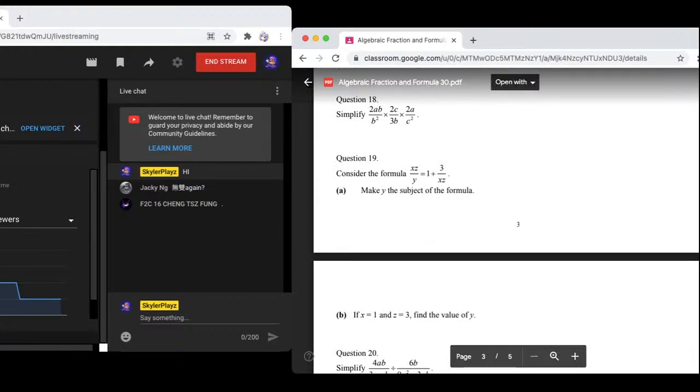y is equal to 1 plus 3 divided by x, z. So make y the subject of the formula. And then we just add the fraction first. Finally, xz plus 3 divided by xz.